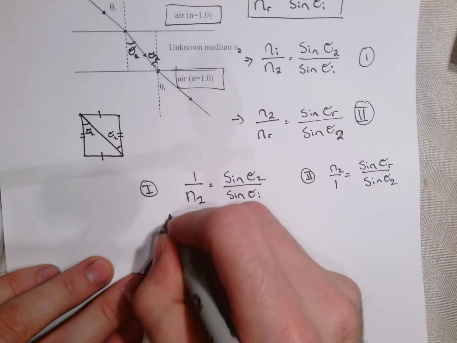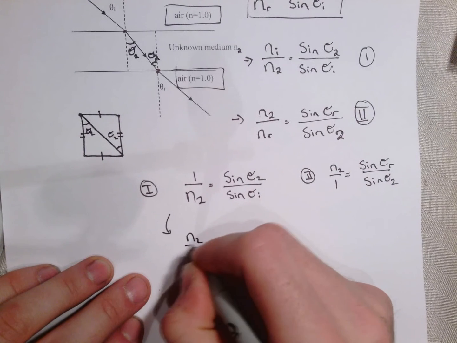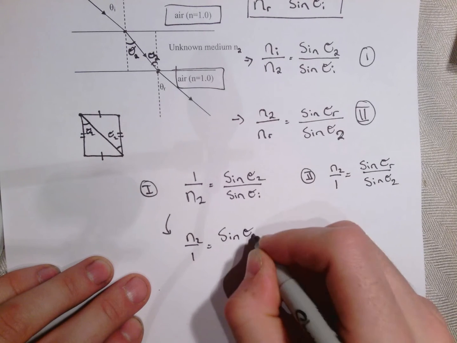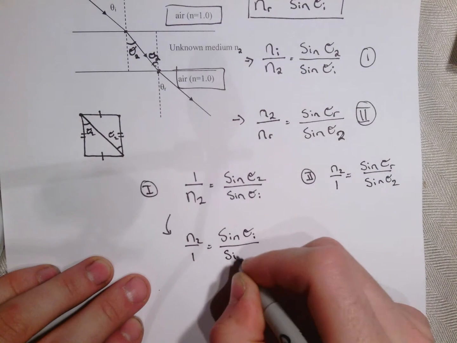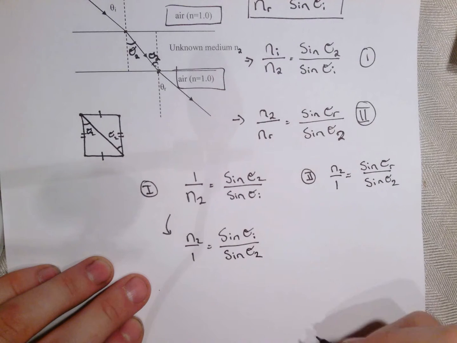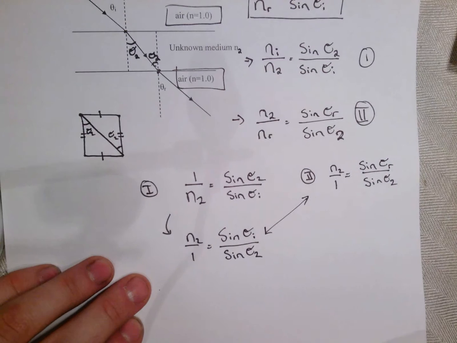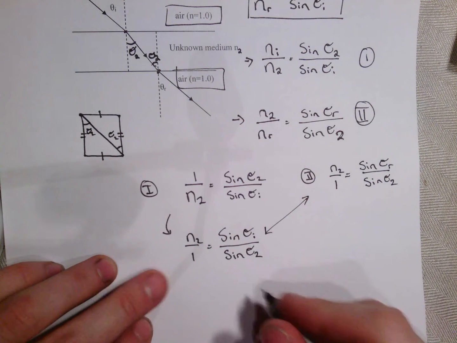So if I reciprocate this one, I get n2 over 1 is equal to sine of theta I over the sine of theta 2. Now I have two equations that both are equal to n2 over 1. So I'm going to combine these two.